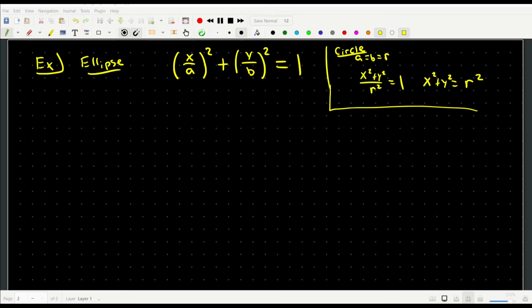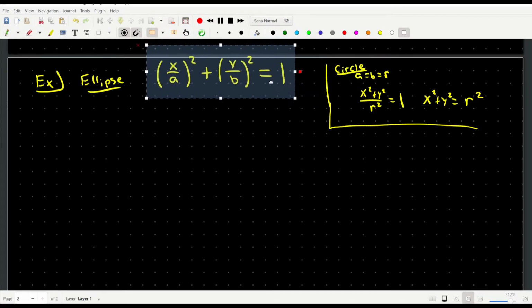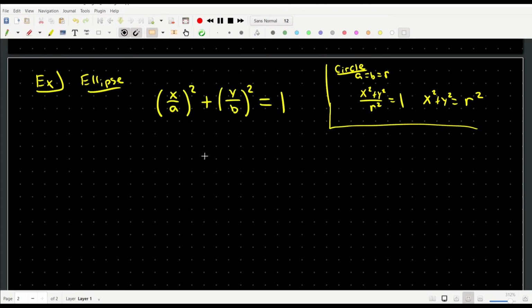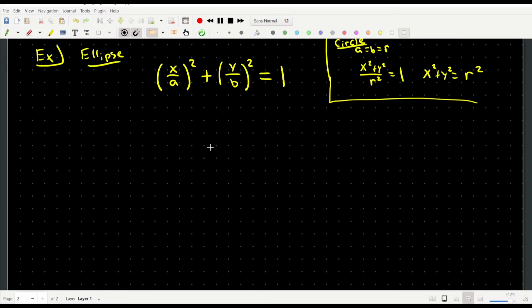So this is the more general equation of an ellipse, where we typically call a and b the semi-major and semi-minor axes, depending on whether or not a or b is larger. So we saw how to parameterize a circle in the previous lecture. Parameterizing an ellipse is done in a very similar manner.